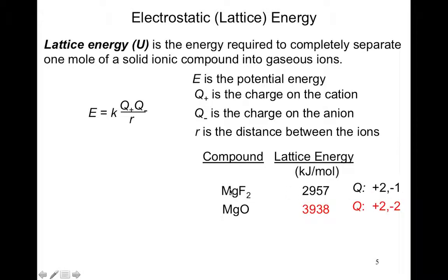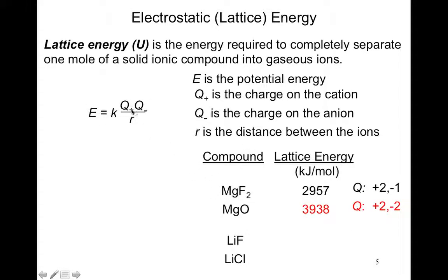Here, magnesium has a +2. That's the cation, and fluorine is its anion. Now, it doesn't matter so much that there's 2 of them, only that their charge is a -1, and so its -1 would go over here. Now, magnesium oxide would be +2 for magnesium, -2 for oxygen, and so we're going to make those charges a lot bigger. It's going to make our energy a lot bigger, kind of a linear relationship there.